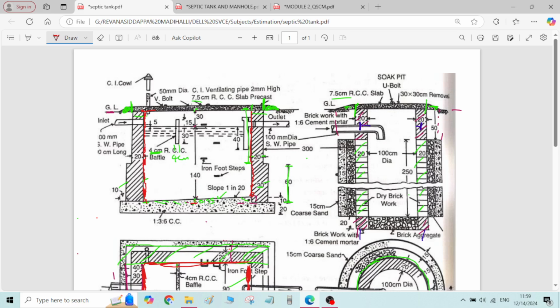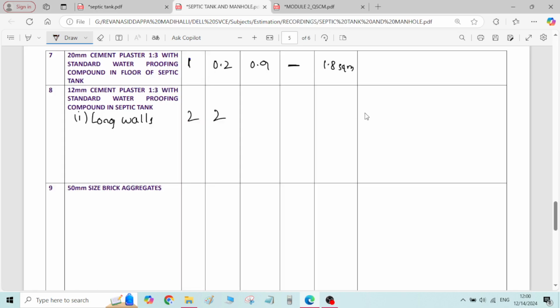Average height, you need to add this 0.05. So 30 plus 140 plus 0.05. Height is equal to 0.3 plus 1.4 is equal to 1.7 meter.